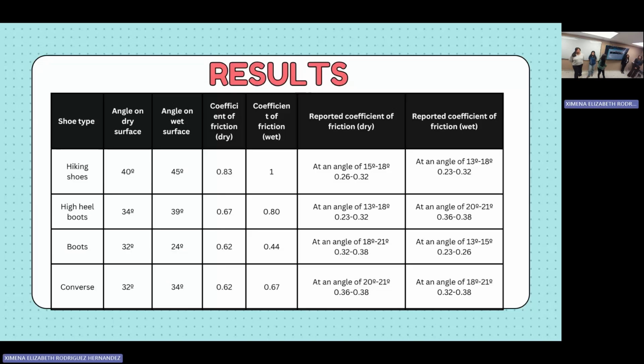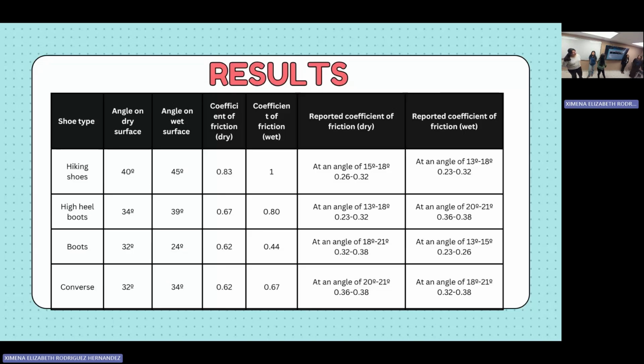And the reported coefficient of friction wet is at an angle between 20 degrees and 1 degrees, and it is 0.36 to 0.38. In boots, the angle on the dry surface is 32 degrees, and on the wet surface is 24 degrees. The coefficient of friction dry is 0.2, and the coefficient of friction wet is 0.34.